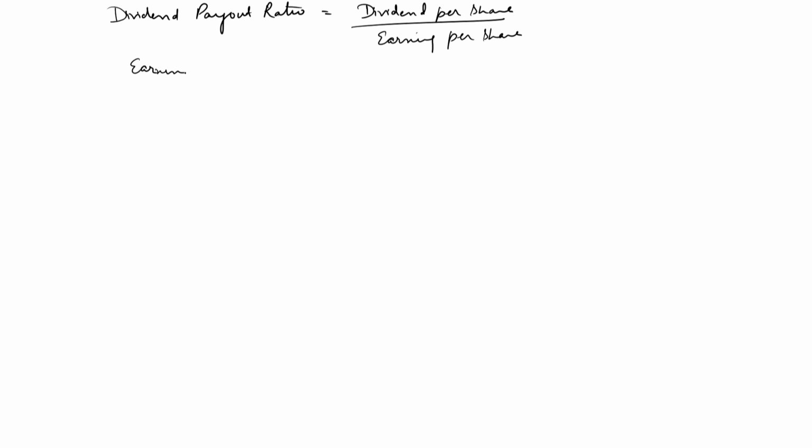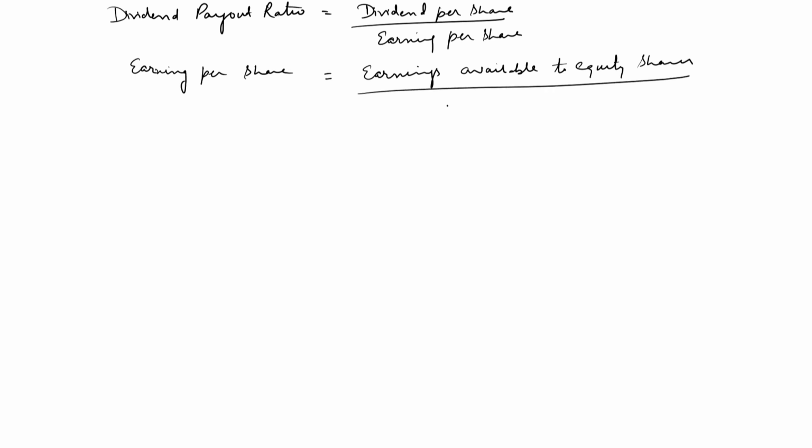the earning per share using the formula earnings available. These earnings are available only to the equity shareholders divided by number of equity shares in a company.